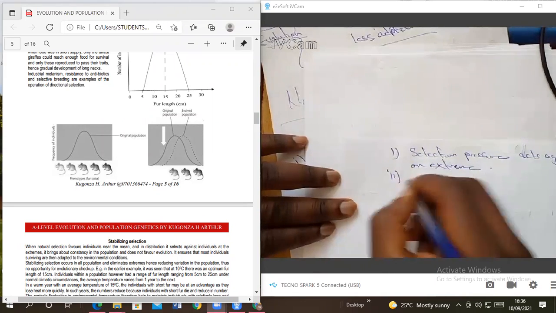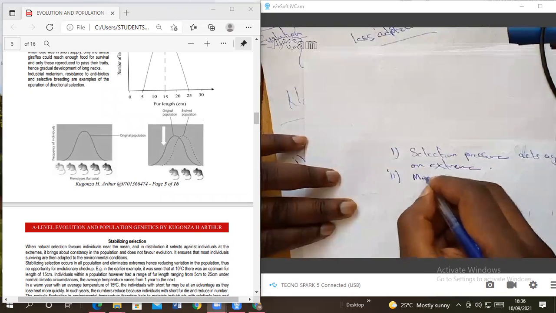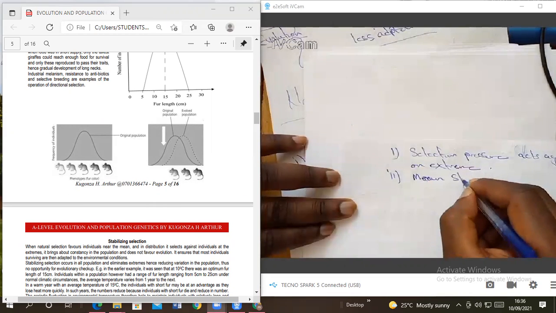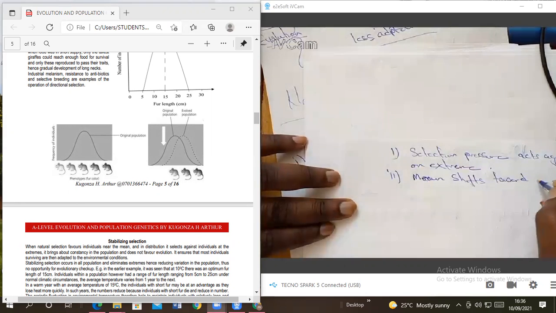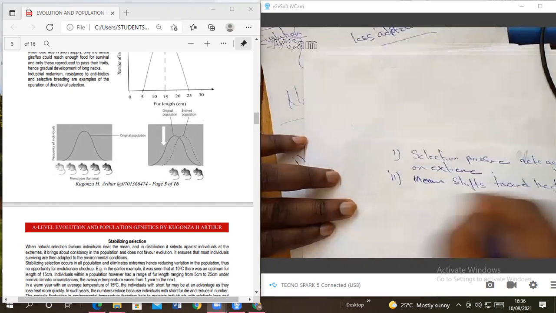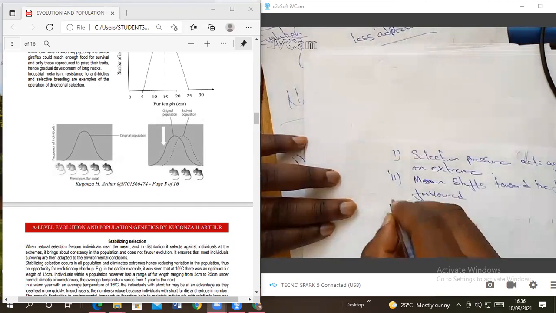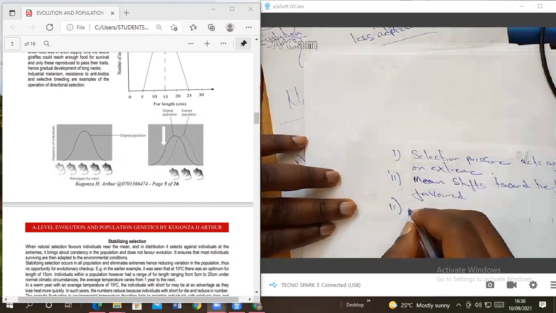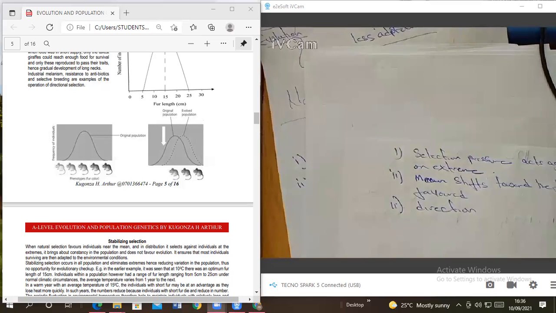Two, the mean shifts towards the favored phenotype. Lastly, the directional selection, natural selection has direction. That's why you hear directional: it has a direction into which it acts.